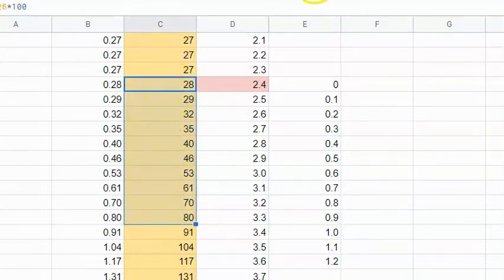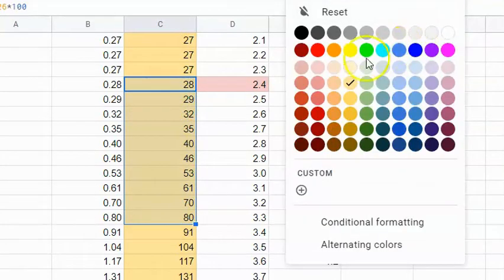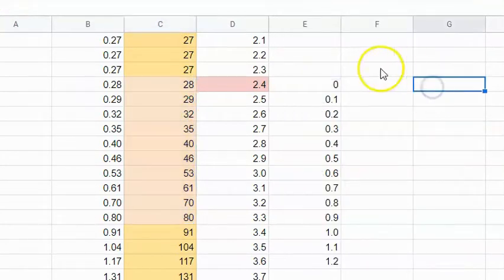Let me just make them that rose color to help make them stand out. So everything you see here, you're going to subtract 28 from. You can do that later. What I suggest you do now, because I'm going to move on, is just write down these values and then do the subtraction later. So pause it here and get those, and then I'm going to pick it back up.